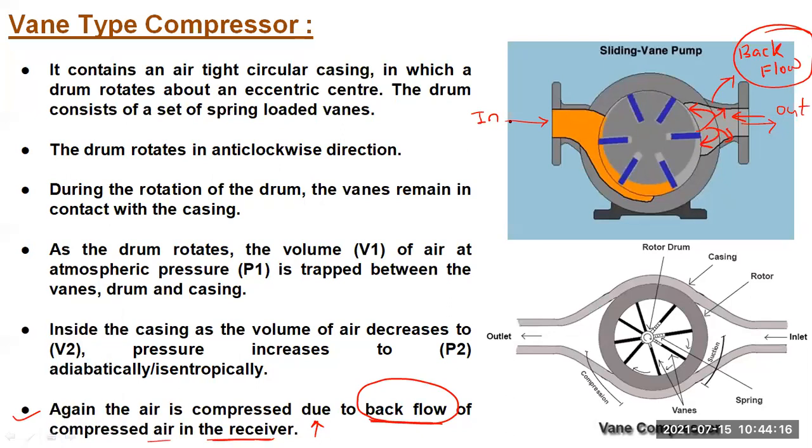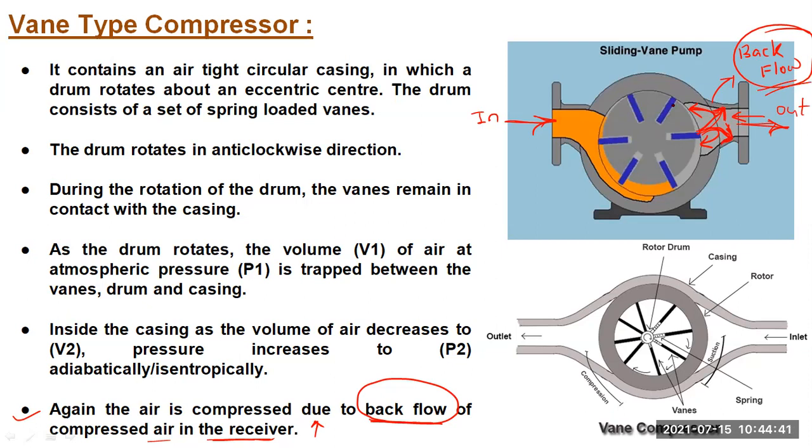Normally the air should enter in this direction and go out in this direction. But some air will strike the wall of the container, or the wall of the outlet valves, and again it will return back to the rotor. That is called the backflow of compressed air.